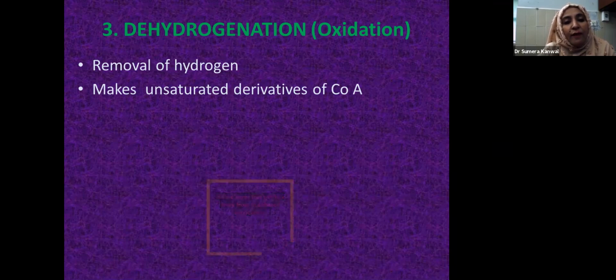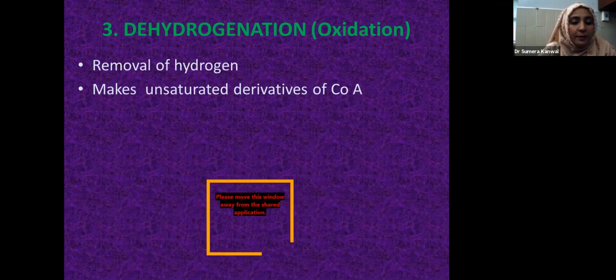The hydrogen which is removed from these CoA derivatives of branched chain amino acids is accepted by FAD, and this FAD becomes FADH2. So the catabolism of branched chain amino acids gives FADH2.